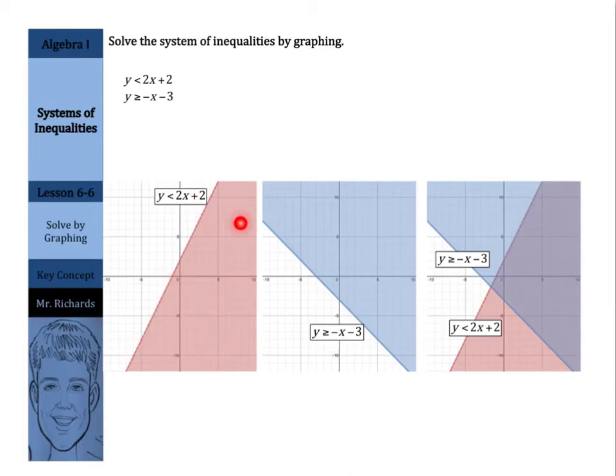Our second graph, y is greater than or equal to negative x minus 3, has a solid line with the greater than or equal to, shaded again up to the right. When we solve the system of inequalities, we're looking for the intersection. All the area shaded here represents our solution for the system of inequalities.